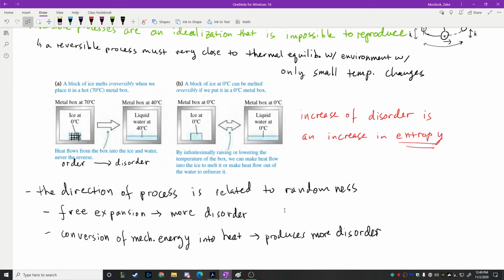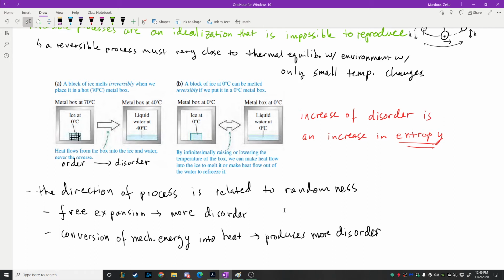And here's how you can connect it to reversible. While a glass can fall off a table and shatter into thousands of pieces, you would never see those thousands of pieces naturally realign themselves into a glass, right? Someone would actively have to put energy in to reorganize those pieces, right?